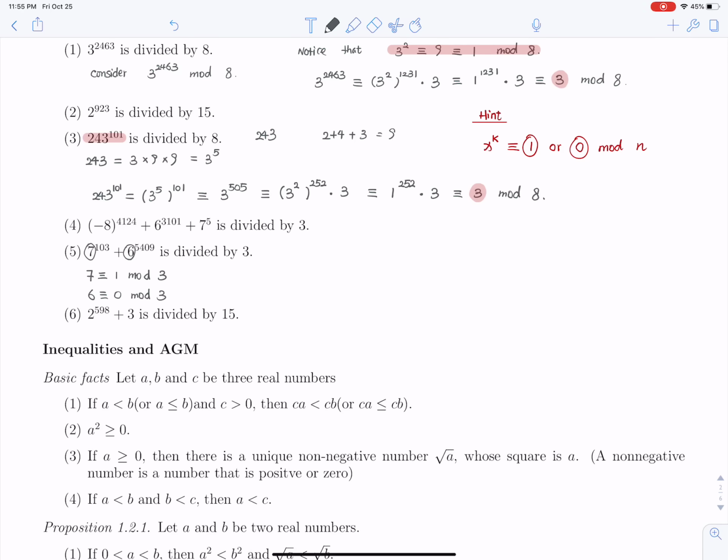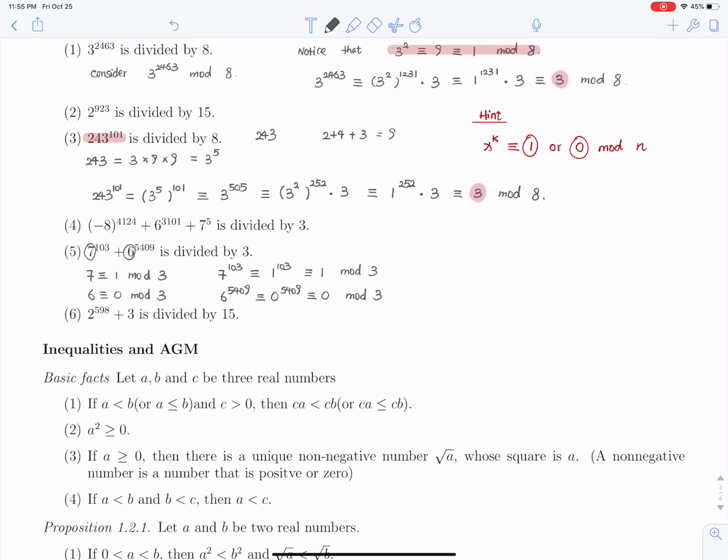What does this give us? This gives us that 7 to the power of 103 is actually 1 to the power of 103, which is 1 in mod 3. Well, 6 to the power of this huge number is actually 0 to the power of this, which is congruent to 0 in mod 3.